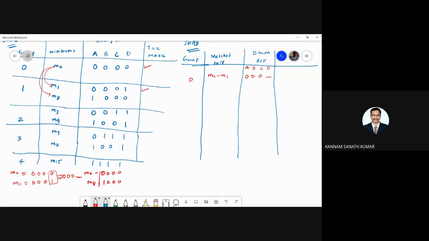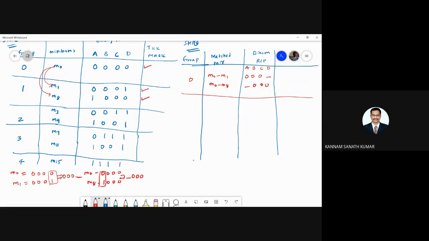This differs by only one bit, so you can write it as colon 0 0 0. So in group 0 you will get m0 m1 and m0 m8. Now you make the tick mark again. So group 0 is completed.